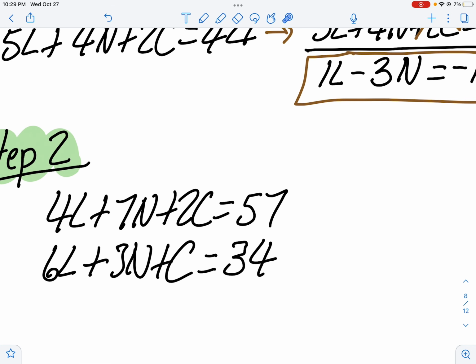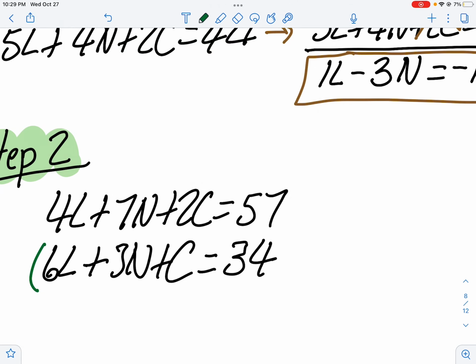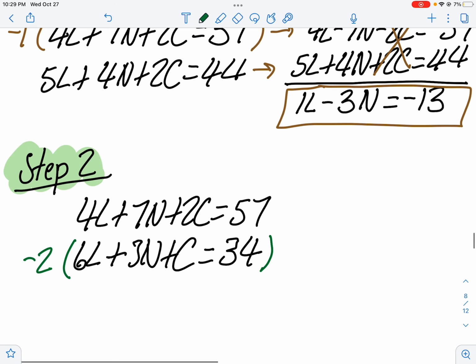Now on this one, I want to, again, eliminate C here. So this is a positive 2C. So I want this to be a negative 2C. So I'm going to multiply everything on the bottom by -2. So when I distribute -2, the top equation, nothing happens to the top equation.